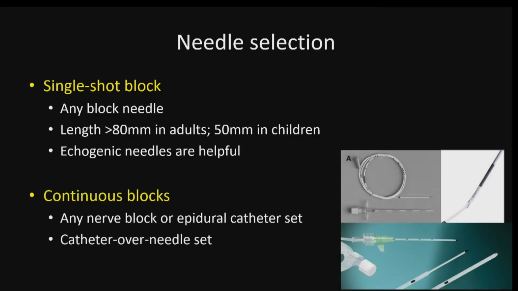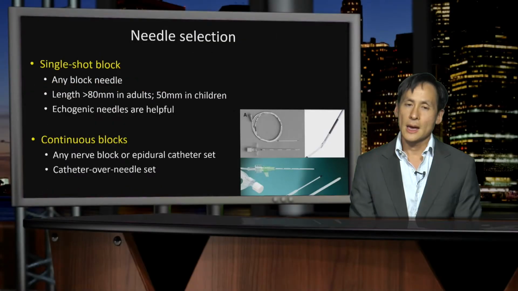If you are going to insert a catheter, I would say that you can use any nerve block catheter set available to you, or if you don't actually have nerve block catheter sets, an epidural catheter set will work just as well. There has been a vogue among some of my colleagues to use the newer catheter over needle sets.